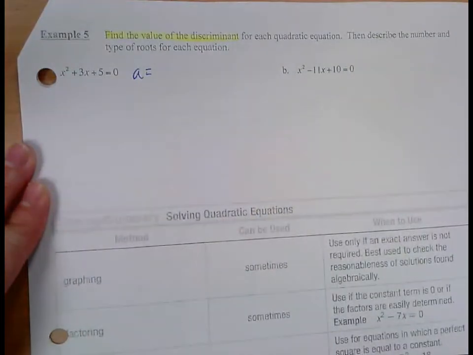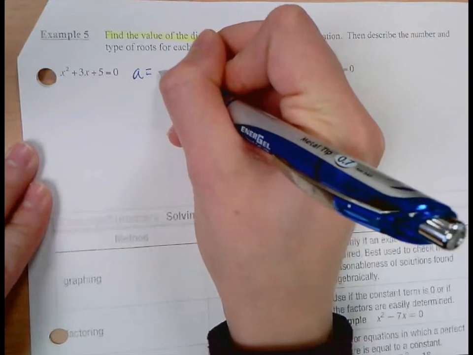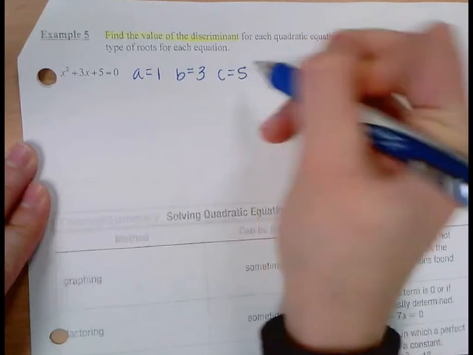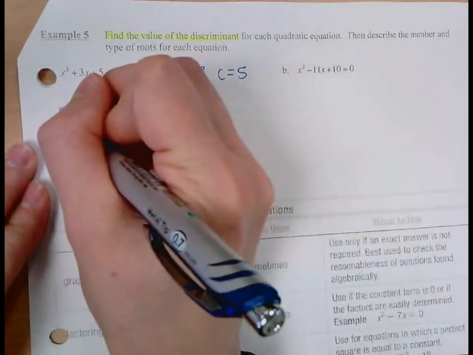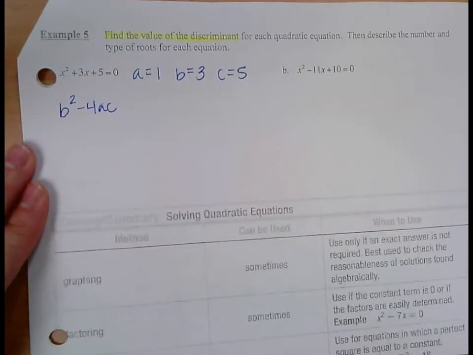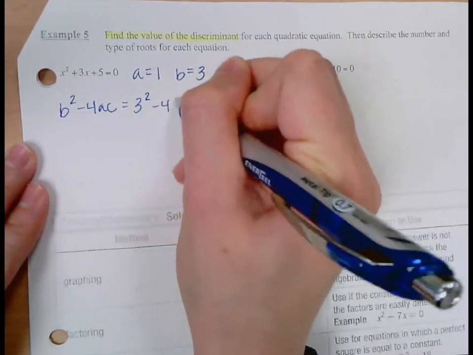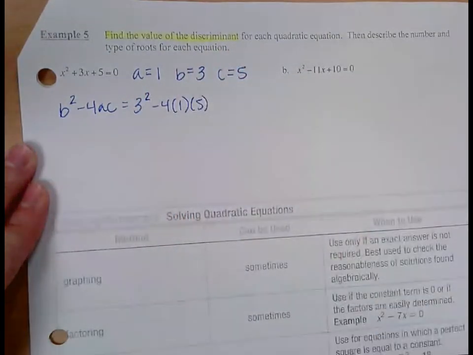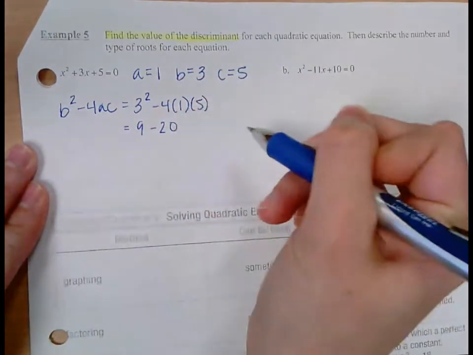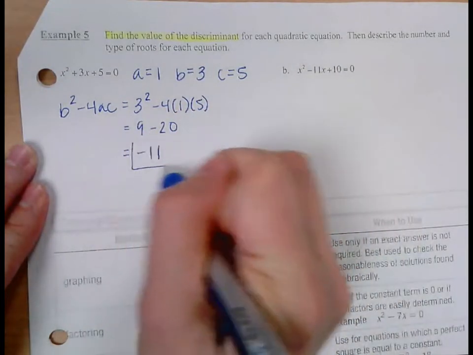So in this equation, what is our a? a is 1, b is 3, c is 5. So the discriminant is only b squared minus 4ac. That's all you have to calculate. So for this example, it would be 3 squared minus 4 times 1 times 5. So that's 9 minus 20, so negative 11.